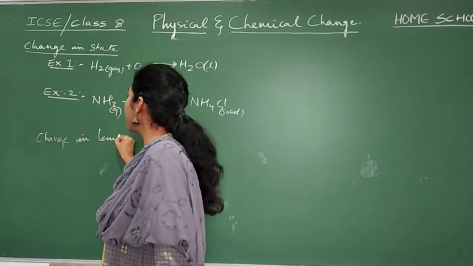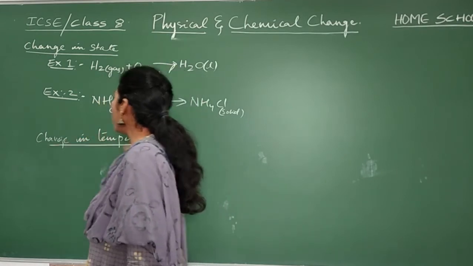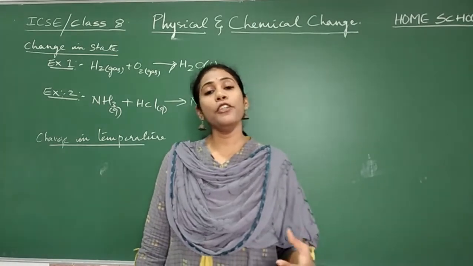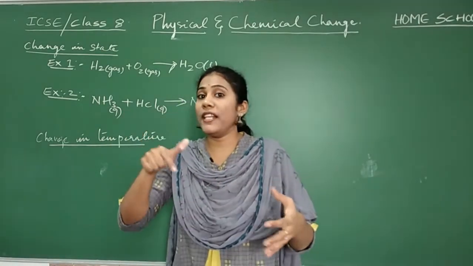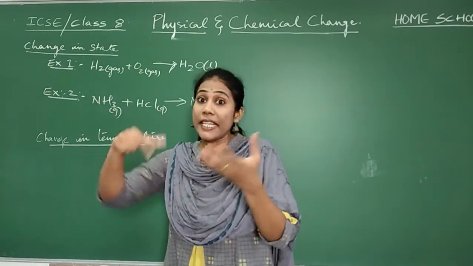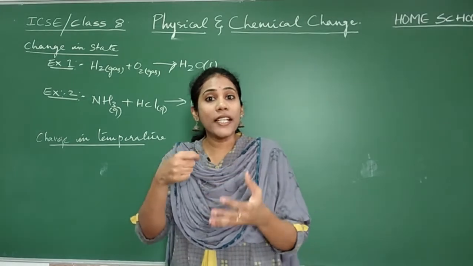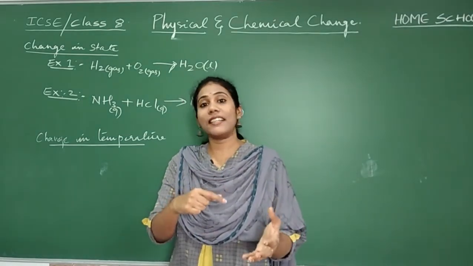Usually if a chemical reaction has to happen, sometimes you have to supply energy from outside. That is, you will have to heat the system. Then only a chemical reaction can happen. Here energy is nothing but heat.